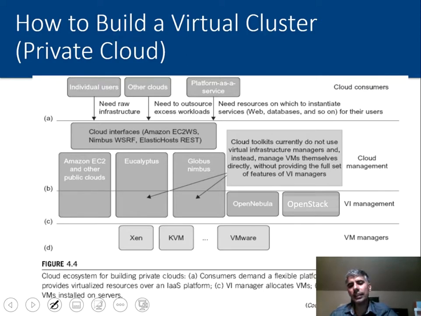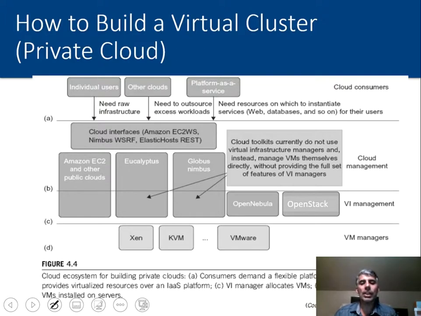But I would say that OpenStack and OpenNebula are more tuned to work at the cluster level, and Eucalyptus and Amazon, the high level interface, are good to deal with the users.